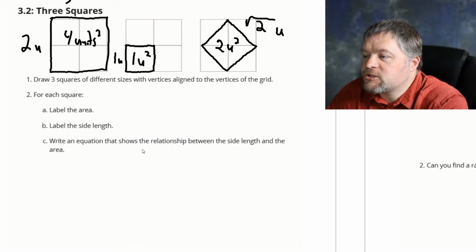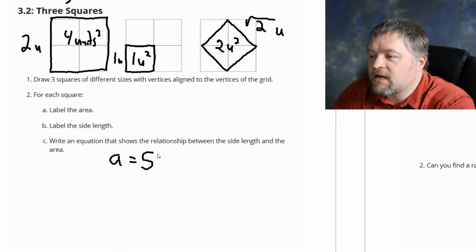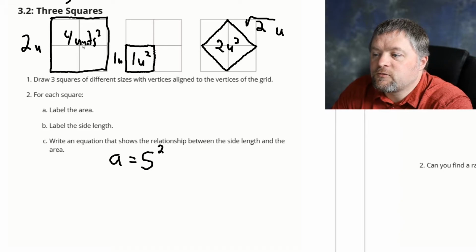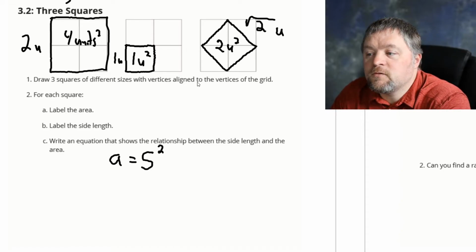So for each square we labeled its area, we labeled its side length. Write an equation that shows the relationship between side length and area. So we could say the area is equal to the side length squared. 1 squared is 1, 2 squared is 4, the square root of 2 squared is 2.